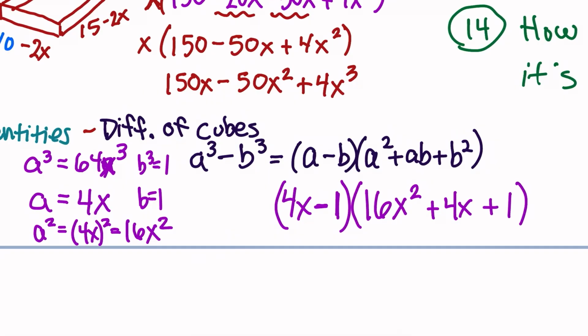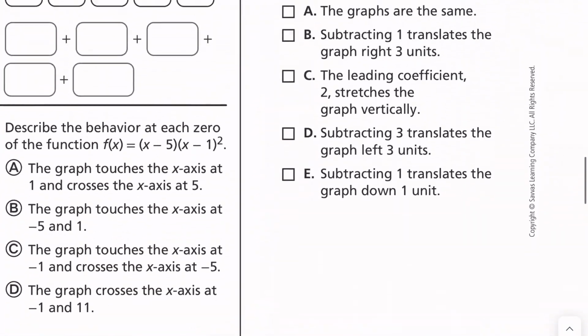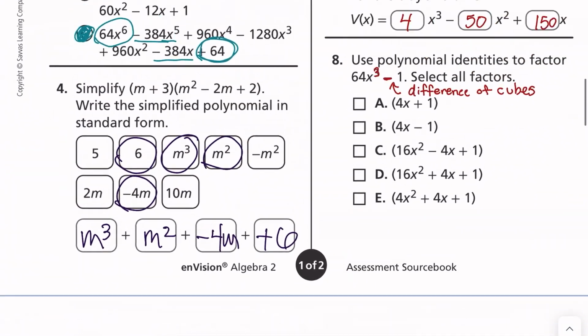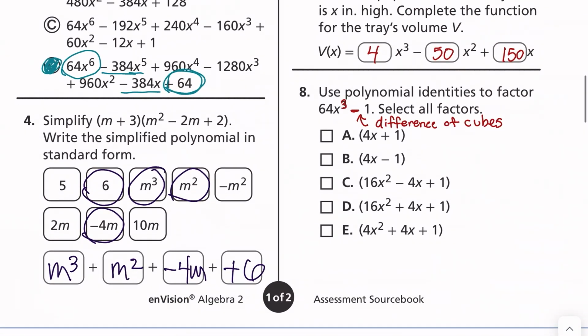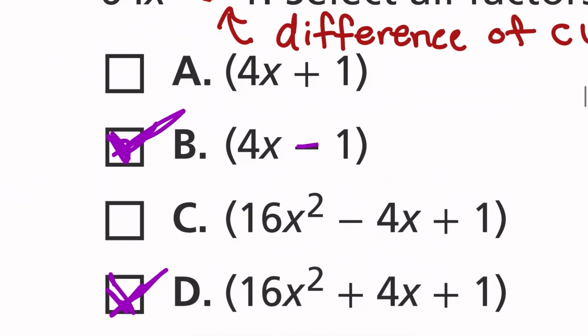So this is a multi-select problem, and you would have to go through and select those 2. So 4x minus 1, and then the 16x squared with the pluses. So notice we had this one with the minuses, and then this one with the pluses, because that's what that formula was.